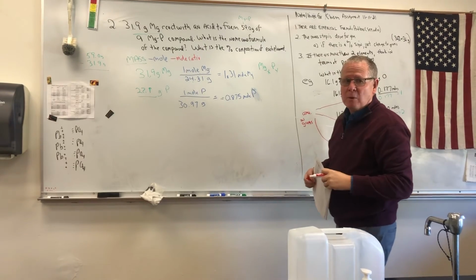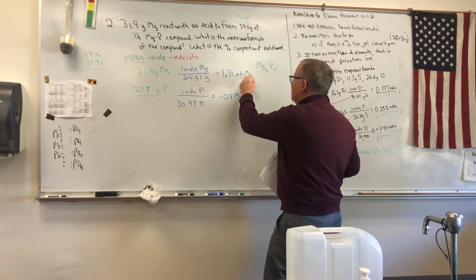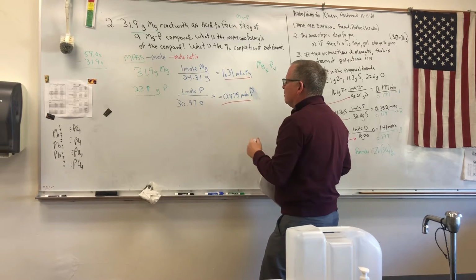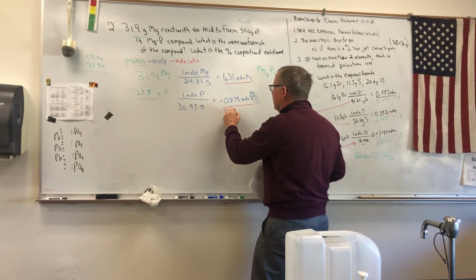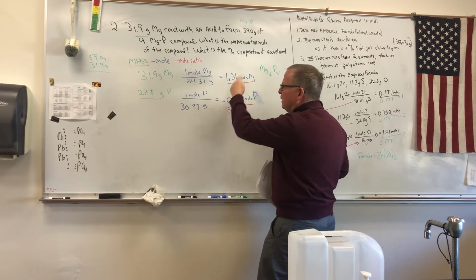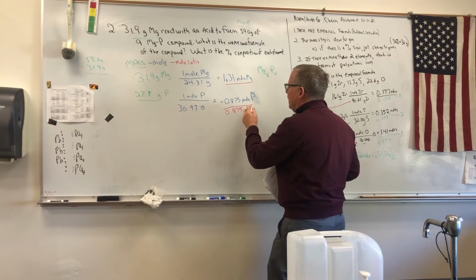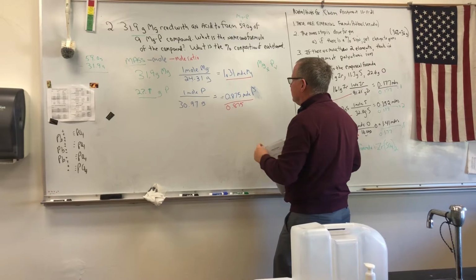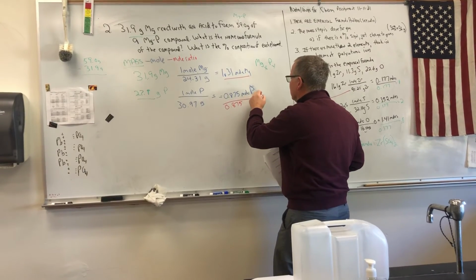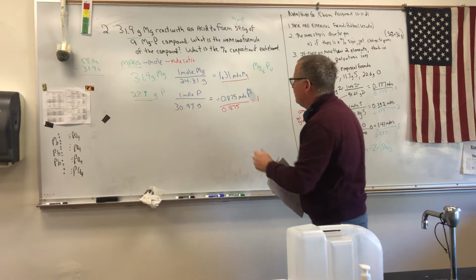In the mole ratio step, you look at your moles and you always take the smaller one. In this case, this is the smaller one. Sometimes they'll be equal, most of the time they will not be. If they were equal, it would be a 1-to-1 ratio. In this case, it's not. So you always make the smaller one equal to 1.